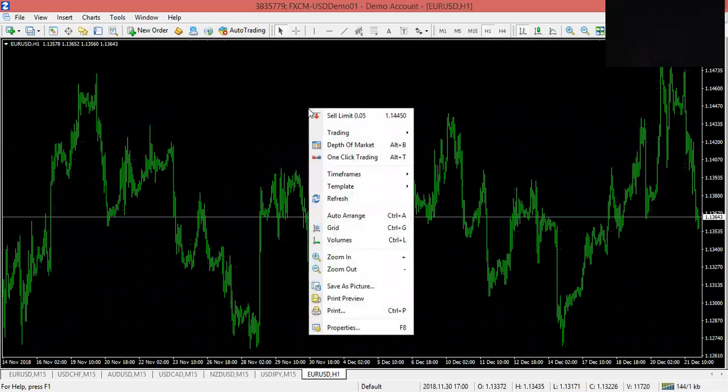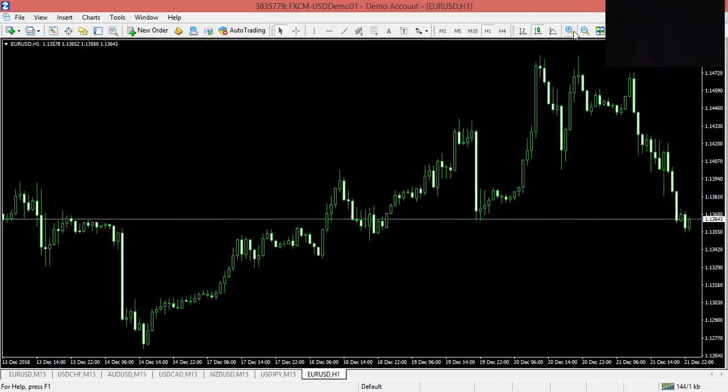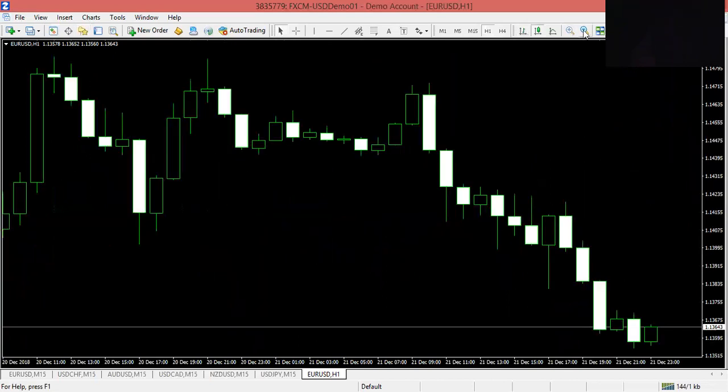Then you can see that your chart is in bar chart form. You can change it to candlesticks. I've changed it to candlesticks, and you can use this to zoom in or zoom out. If I click plus, it zooms in and makes it bigger.